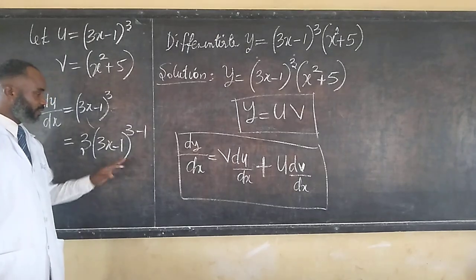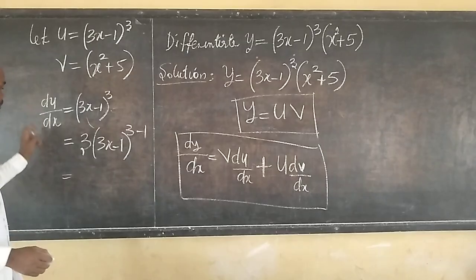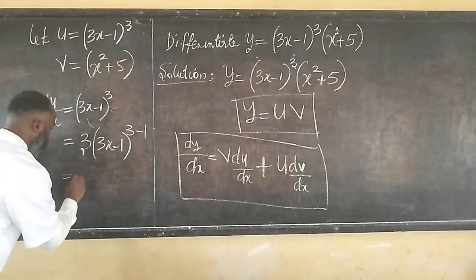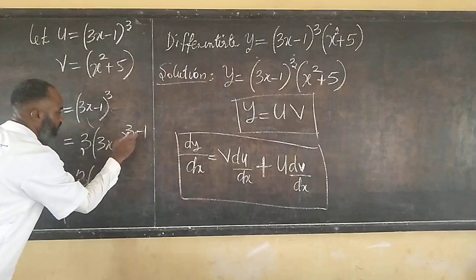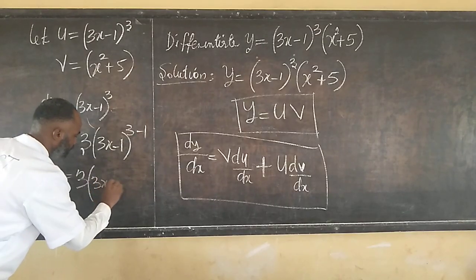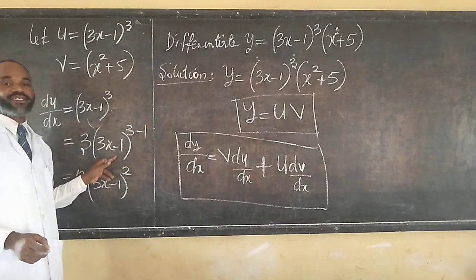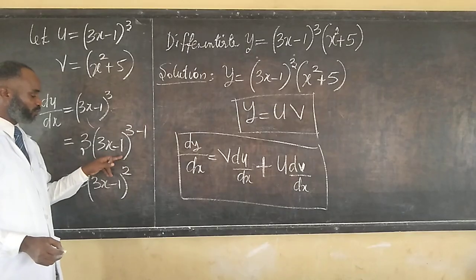So with this step, we can then have du/dx, differentiating u with respect to x. So this becomes 3, and then here we have (3x minus 1), this lowers to 2.